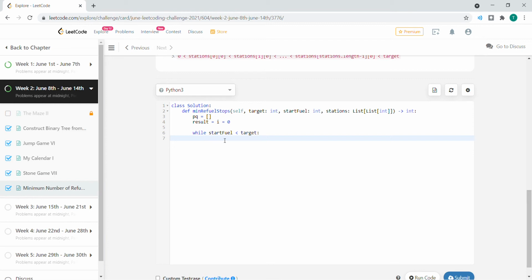So next, how do we know what gas stations we have crossed so far? And how do we know if we're able to access the gas station or not?